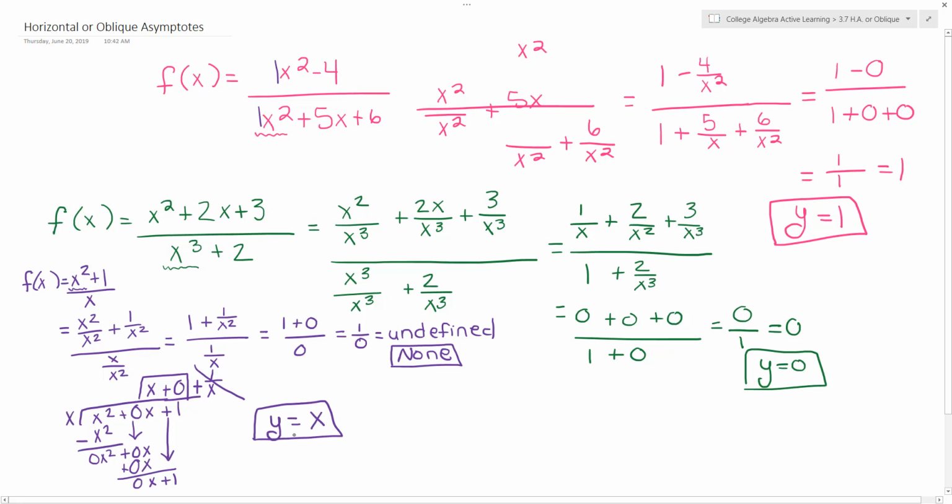Instead, it's going to be oblique, and I need to perform the division to find that oblique asymptote. So hopefully that makes sense. But those are your three cases, and you could in a sense memorize that. But if nothing else, go through the procedure I showed you for finding a horizontal asymptote. And if you do not find one, you need to determine the oblique asymptote instead.